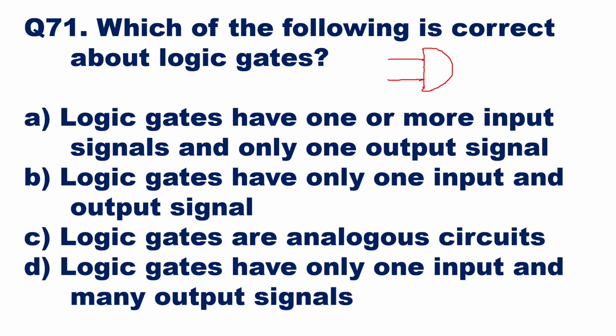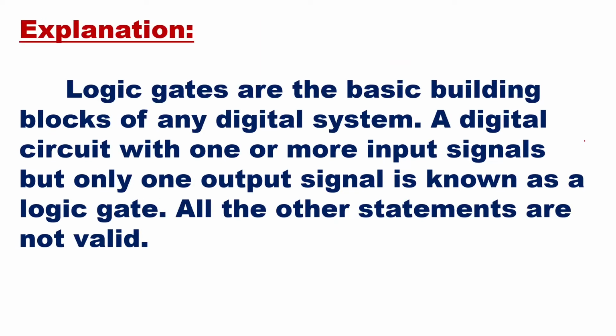It can have one or more inputs, but there will be only one output. The output will be only one. So the first statement, that is logic gates have one or more input signals and only one output signal, is the right answer.